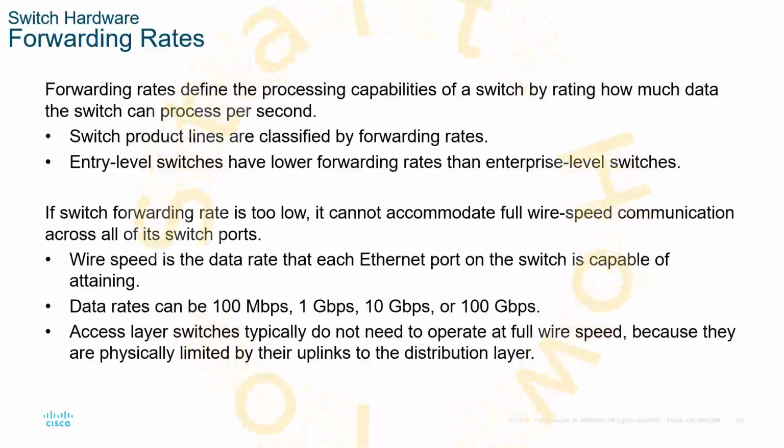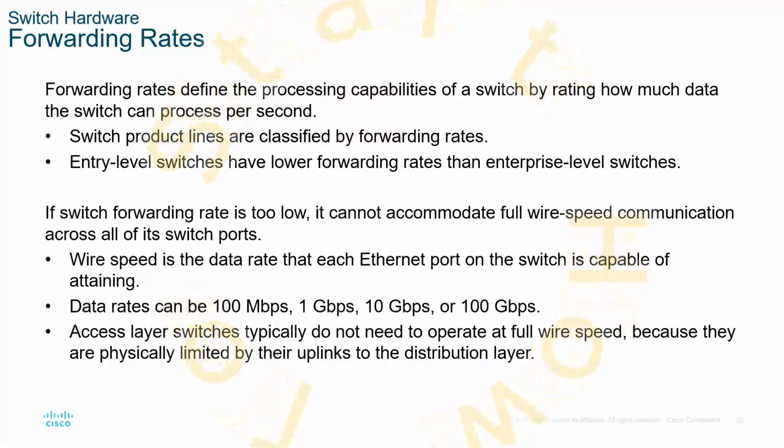Each switch will have what's called a forwarding rate. How much data can it actually forward? How much data can it process? So switch product lines are classified by forwarding rates. Entry-level switches have lower forwarding rates than higher-level switches. Again, normally an entry-level switch may have 24 ports or 48 ports.